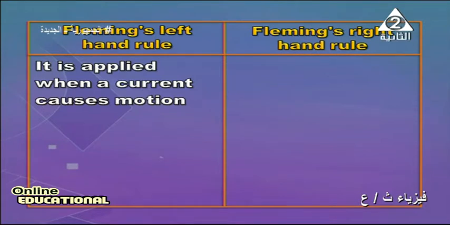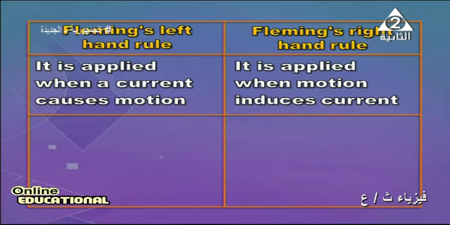We've used Fleming's left in the magnetic field of electric current, chapter 2. Yes, it is applied when a current causes motion. First we've got a current allowed to flow, then motion is produced. So we think about Fleming's left when a current causes motion.